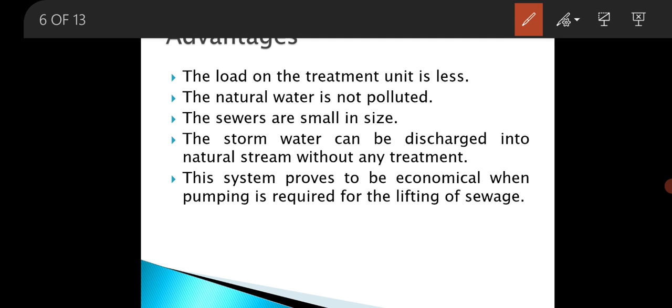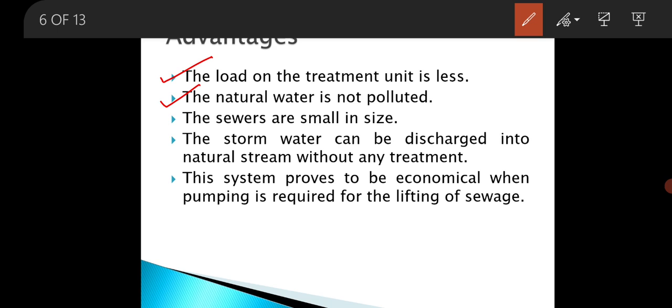So here the load on the treatment unit is less as the storm water is discharged into the river and only the sewage is taken to the treatment plant. Therefore, the load on the treatment unit is less.